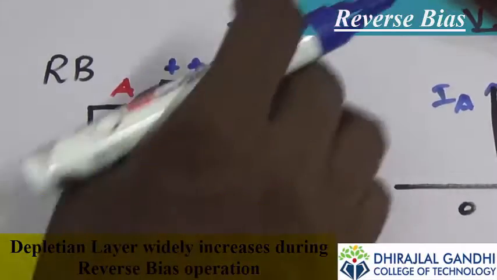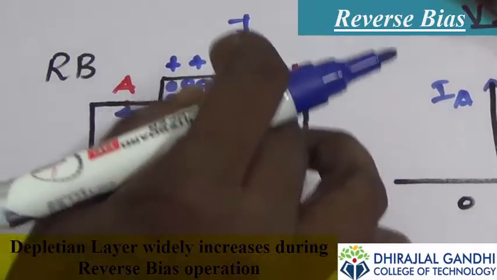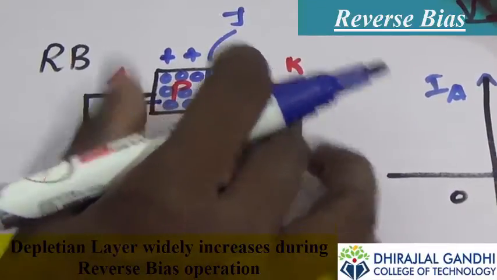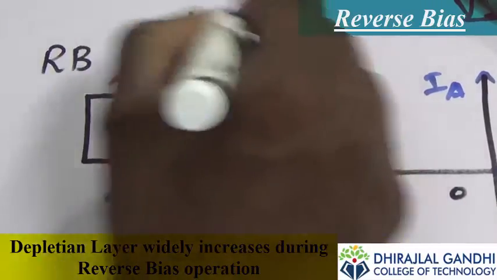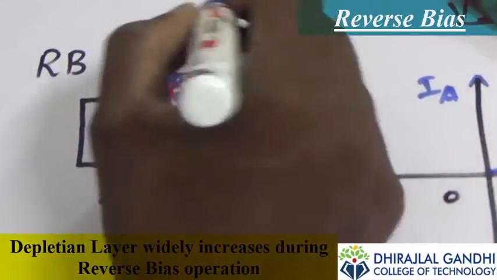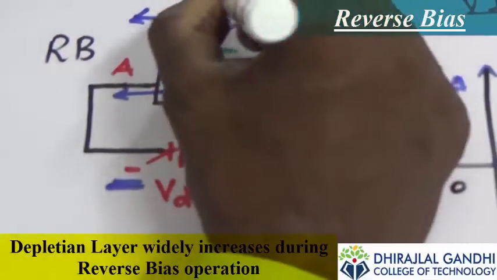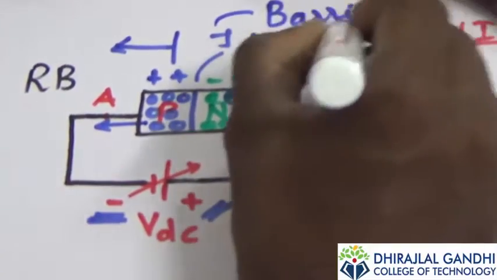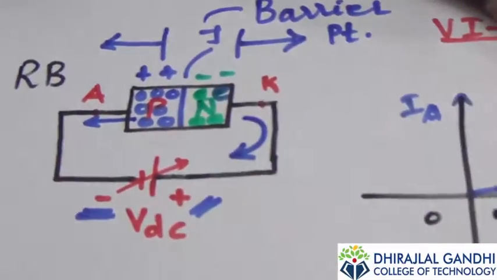Once they move, the depletion layer of the diode is widely increased. This is called the barrier potential.